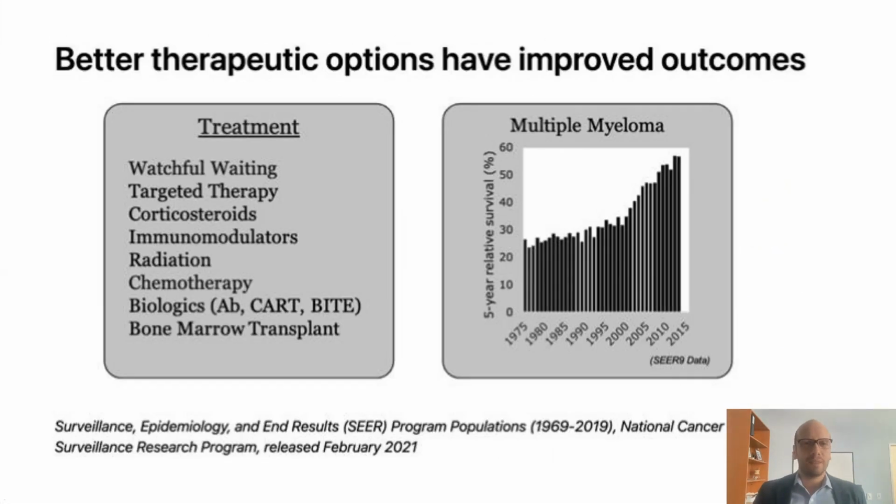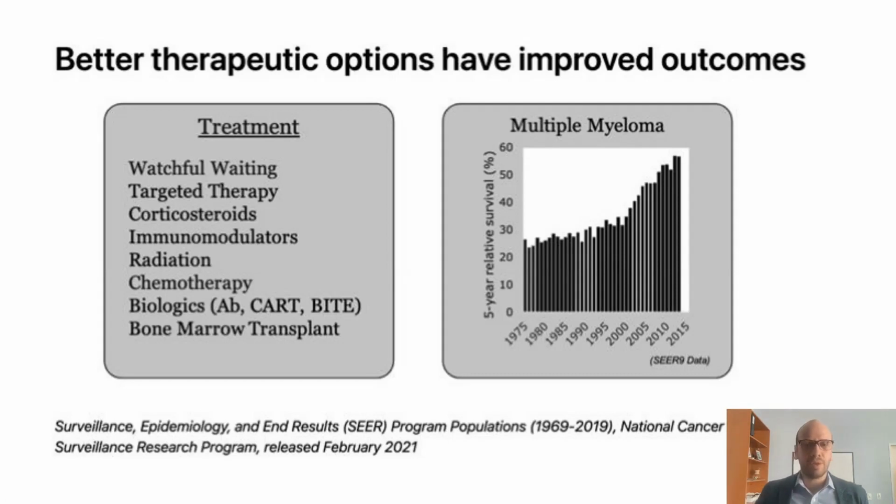I'd like to point out that there's a really happy story in this field, which is that outcomes have improved dramatically for patients over the past few decades. And this is thanks to the availability of an increasing toolkit of treatments for patients with monoclonal gammopathies.